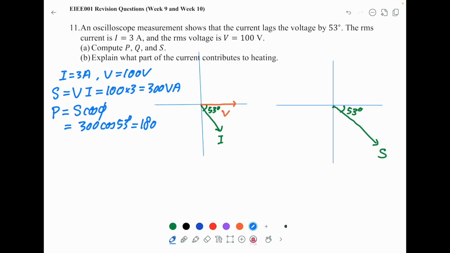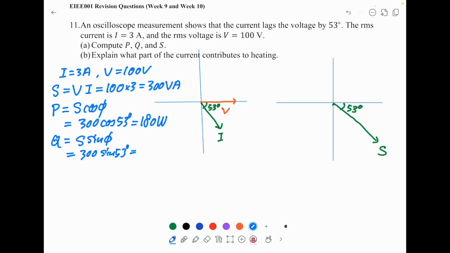Remember, this is the real power, so we use watt. The reactive power Q is equal to S sine phi, or phase angle, and this is 300 sine 53 degrees. And you will get 240, and the unit is VAR, reactive.